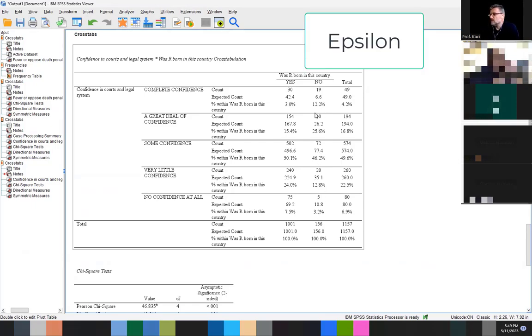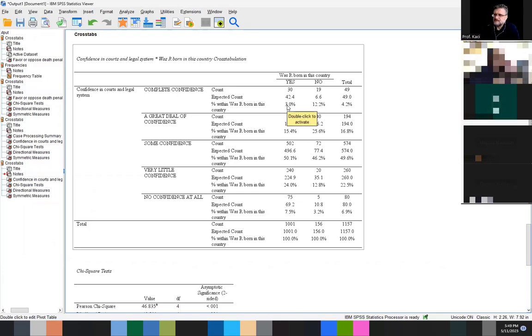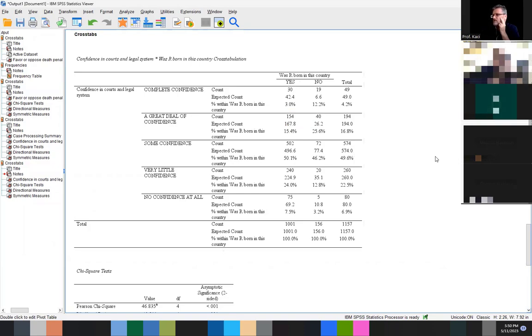So we would see some difference here, right? What was this difference called? Epsilon. Epsilon, right? So we do have about 9%, 9.2% difference in those who have complete confidence between those who were born in this country and those who were not born in this country.